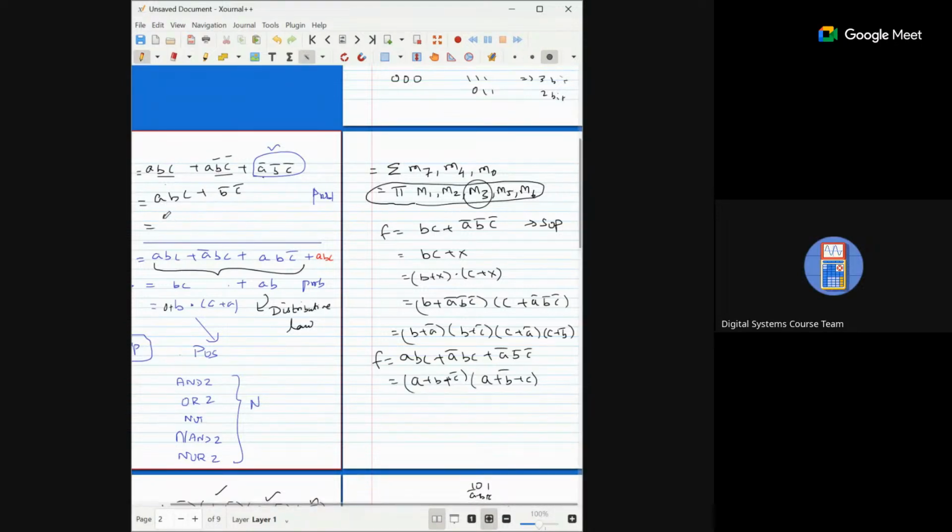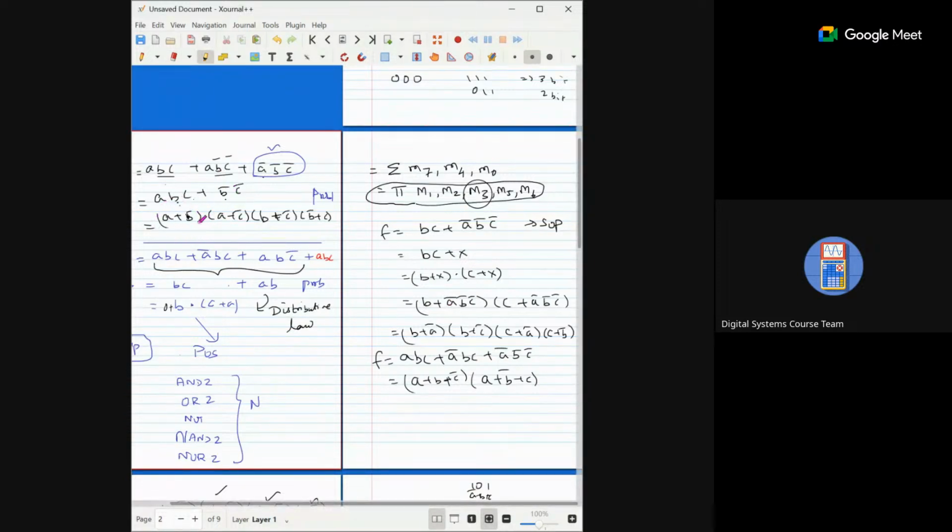A plus A bar, A plus B bar, A plus C bar, then B plus B bar is 1, B plus C bar, then C plus B bar plus C, and C plus C bar is 1. So I think we are obtaining the same answer, right? A plus B bar is there here. So A plus B bar. This one is okay, right?